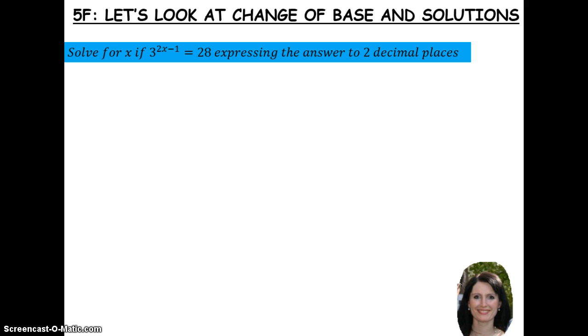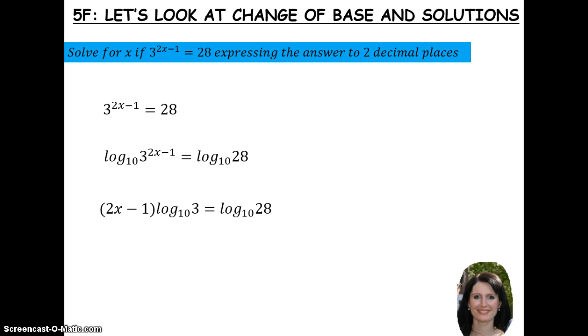Let's solve for x if 3 to the power of 2x minus 1 equals 28. We want the answer correct to two decimal places. Watch out for that. They'll tell you sometimes how many decimal places. Make sure you do the right number. 3 to the power of 2x minus 1 equals 28. So let's log that base 10. Log_10 3 to the power of 2x minus 1 equals log_10 28.